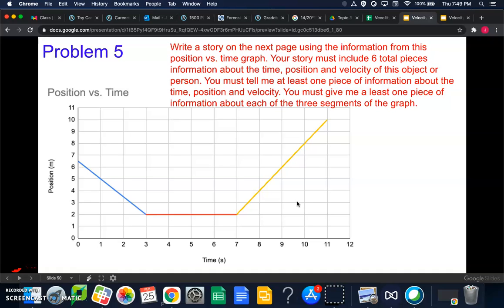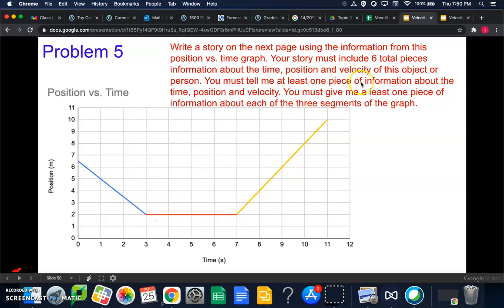Maybe it's a toy car, maybe it's a swimmer, maybe a dog. Maybe it's you. It doesn't really matter, but make up a story involving this position versus time graph, kind of like I did.